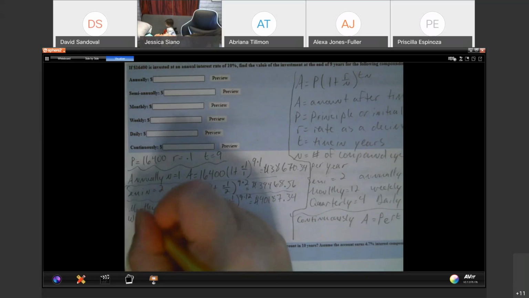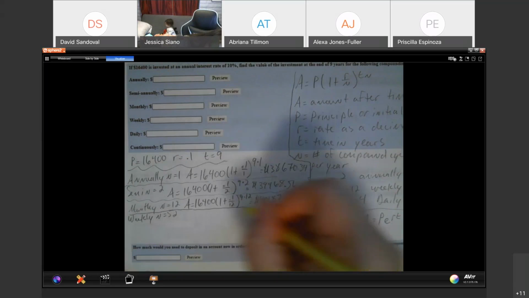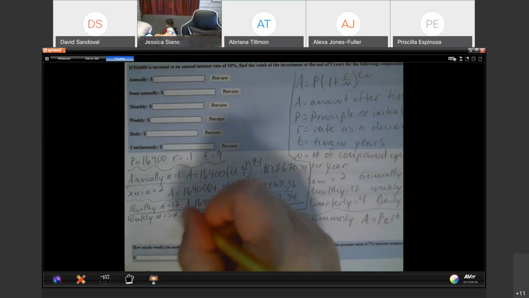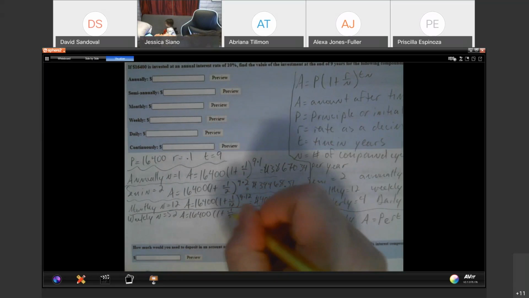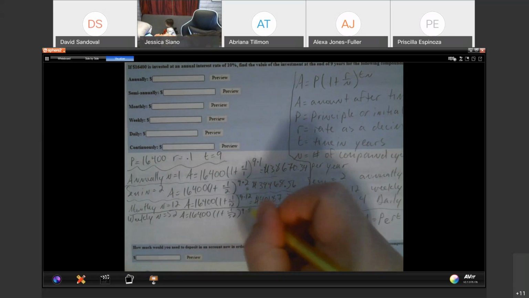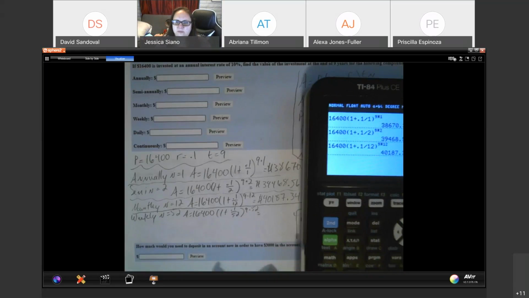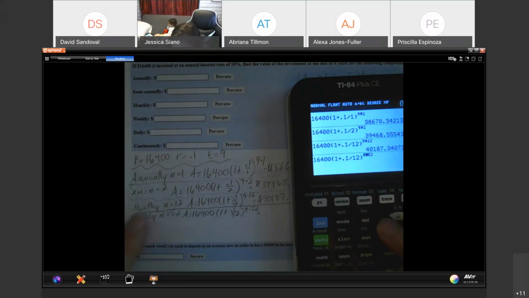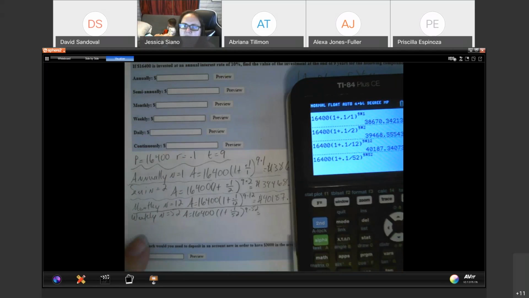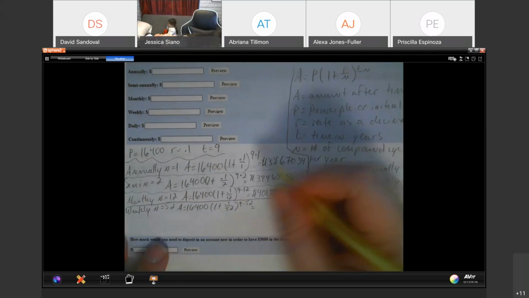Weekly, n is 52, and that gives $43,02.64.